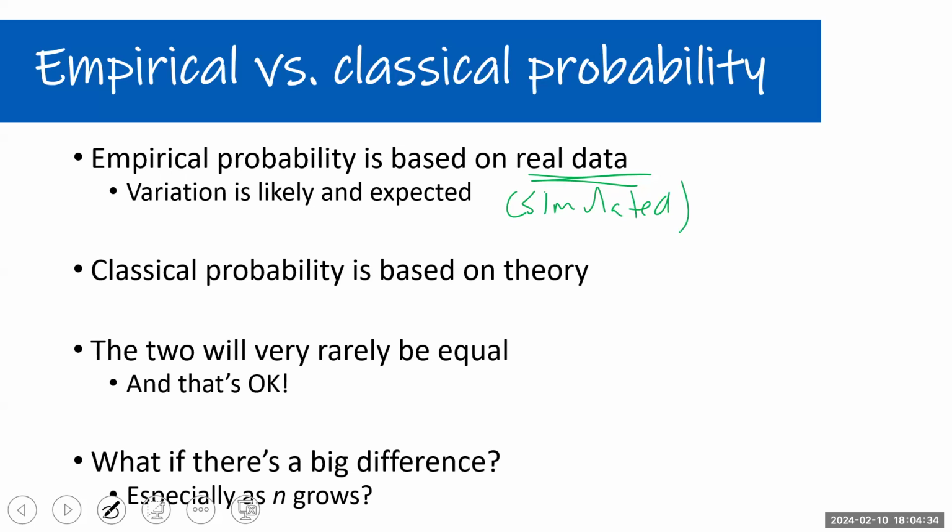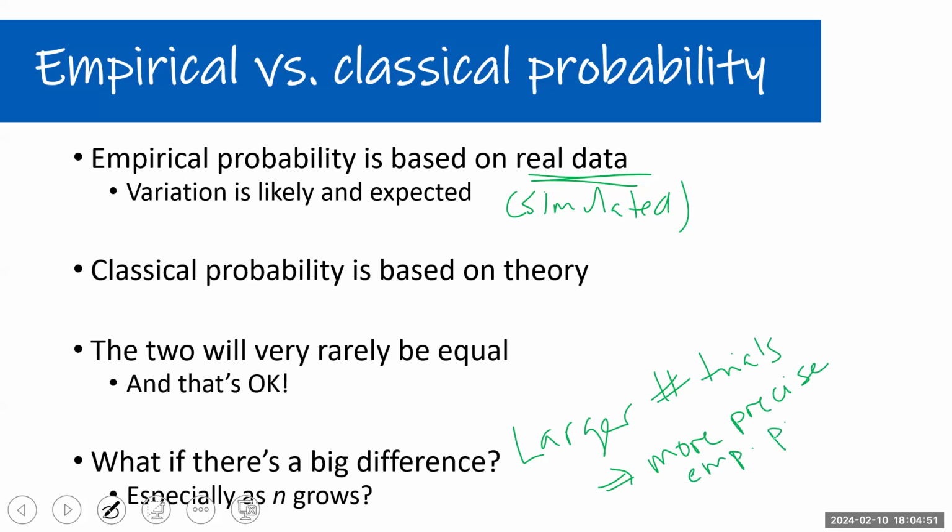So remember, a larger number of trials is going to lead to a more precise empirical probability. It's going to give you a better empirical probability. And that is just a restatement of that law of large numbers. Okay.